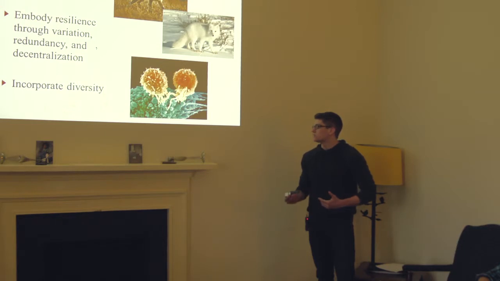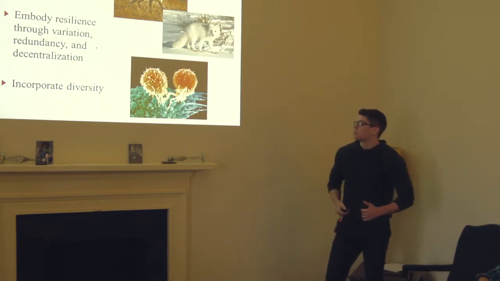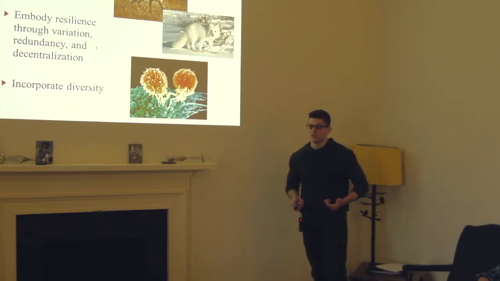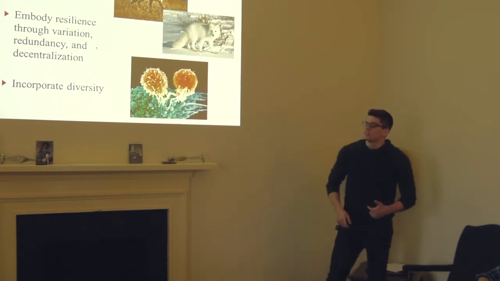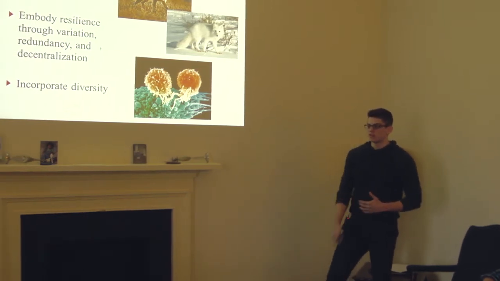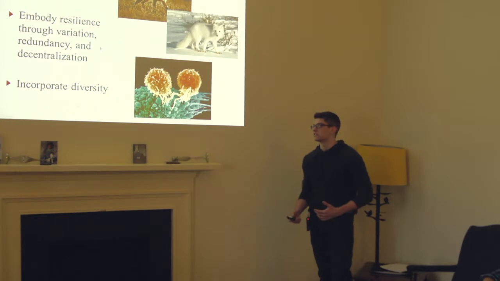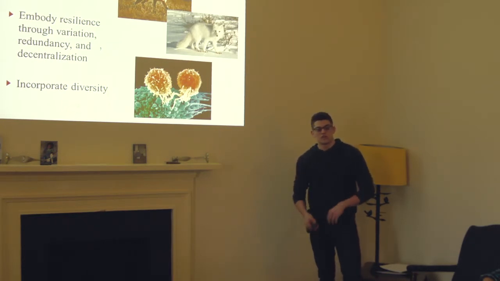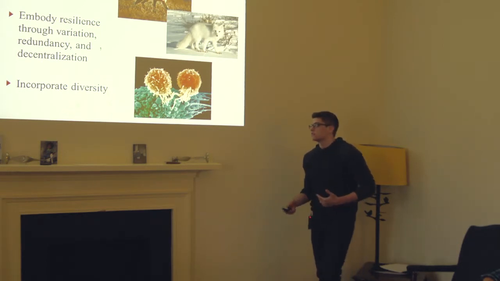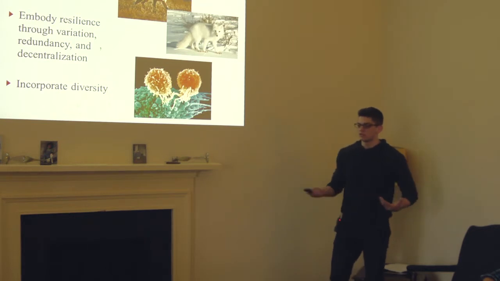And our own immune systems are incredibly, incredibly powerful at the second part about embodying resilience through variation, redundancy, and decentralization. What I mean about that is that resilience is imperative if your design is going to last, but you can't just say, I want my design to be resilient. You need to think about ways that you can actually make it such. So if you vary your means to achieve a specific function, if you have multiple systems working to achieve one goal, if one gets knocked out, then you're still able to achieve your goal.